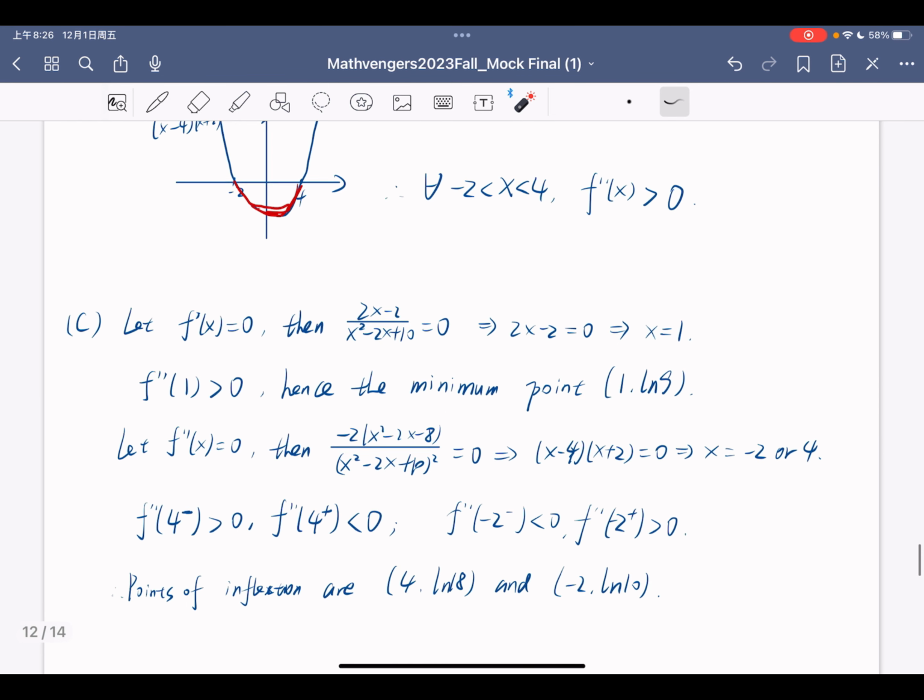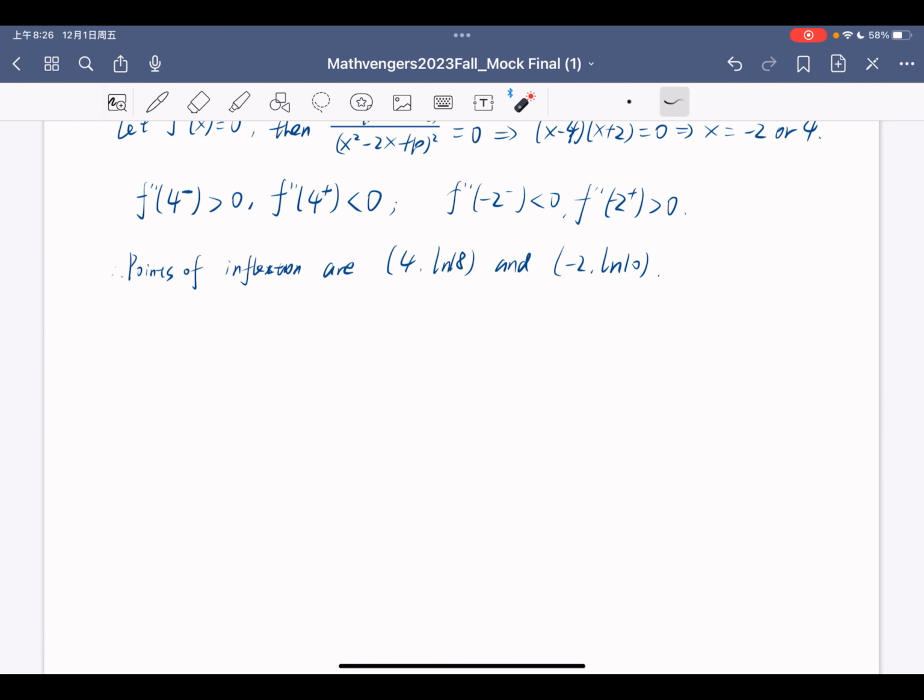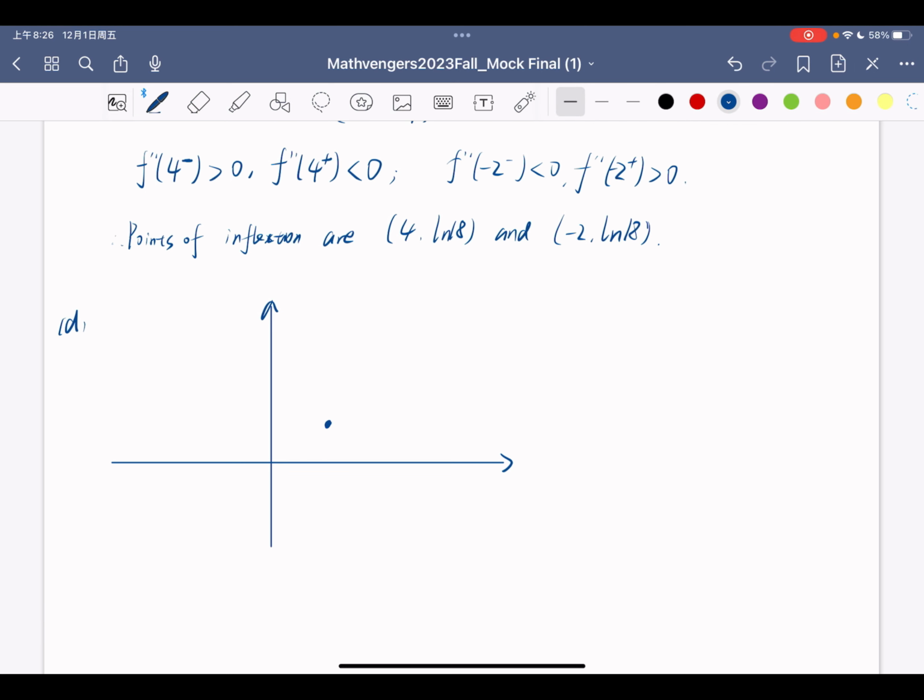So the graph looks like, oh sorry, this is ln 18. Okay, so the graph is like this: here is 1, ln 9. This is a global minimum point, and we have 2 points of inflection.